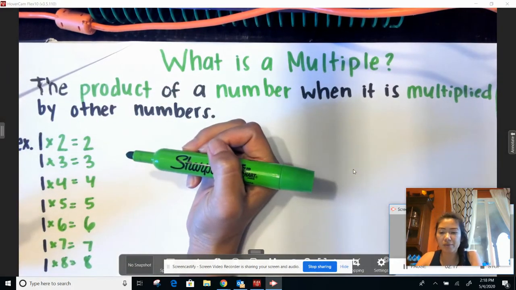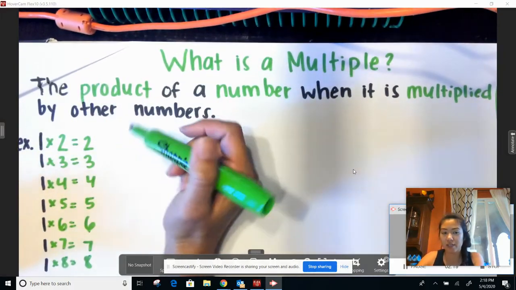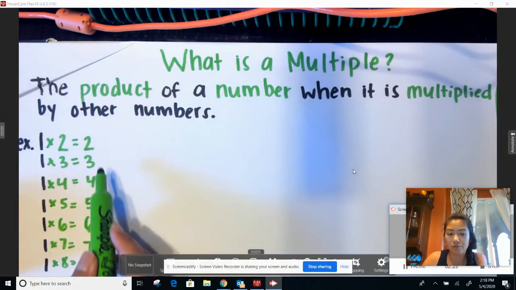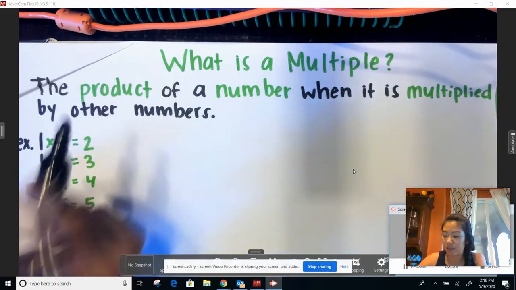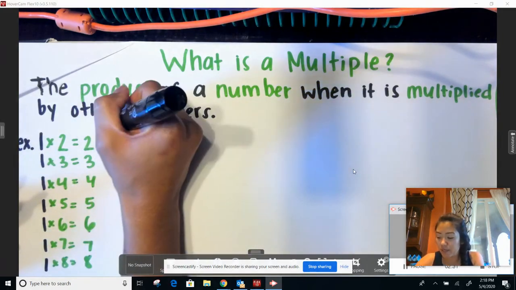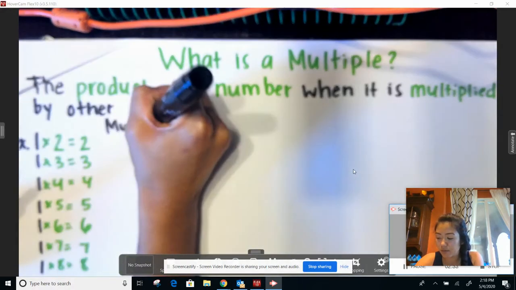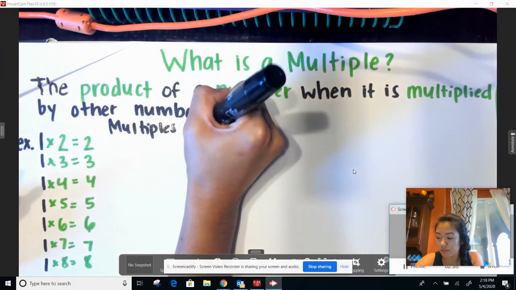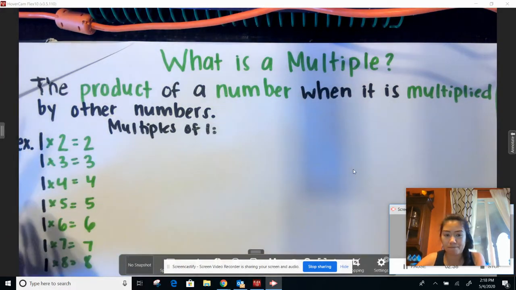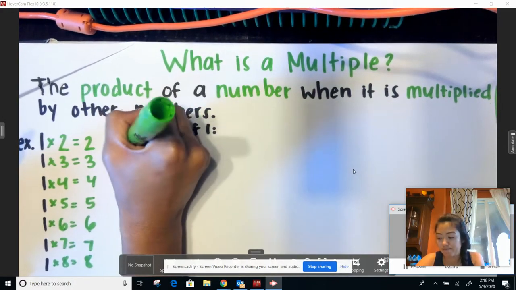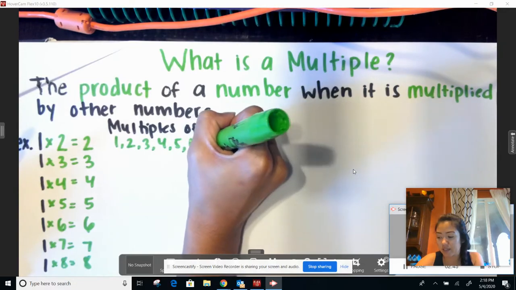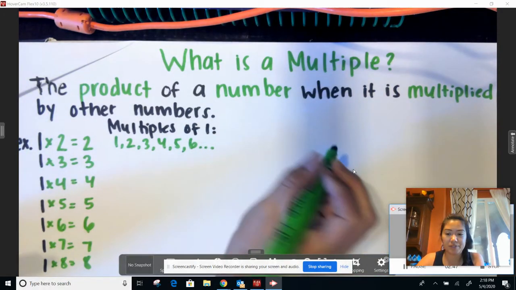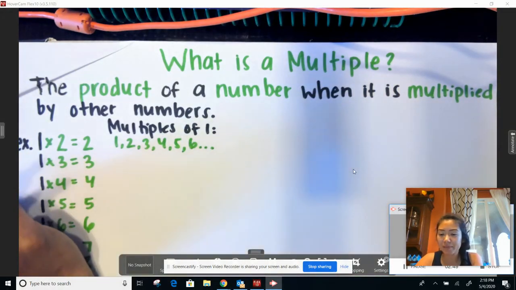We typically stop at 12 or 10, so we do 1, 2, 3, 4, 5, 6, 7, 8, 9, 10, 11, 12. That one's pretty simple. These are the multiples of 1. So if I say, what are the multiples of 1? That would be 1, 2, 3, 4, 5, 6, and so on.